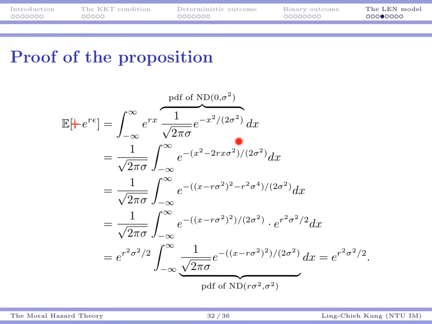Once we do that, we take this constant outside and combine these two exponential terms into this one. And then we do some manipulations. For the numerator, we add r squared sigma to the power of 4 and subtract r squared sigma to the power of 4.